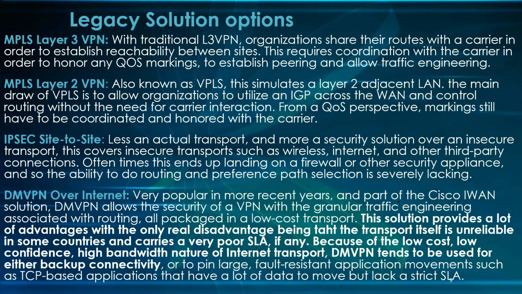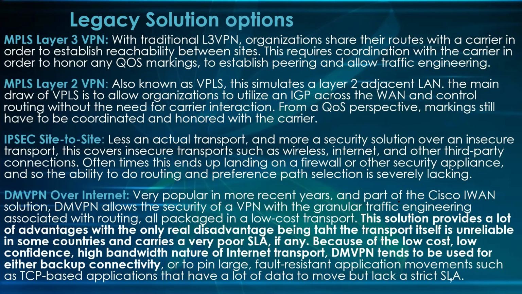MPLS layer 2 VPN, also known as VPLS. This simulates a layer 2 adjacent LAN. The main draw of VPLS is that it allows the organization to utilize an IGP across the WAN, right? And control routing without the need for carrier interaction. From the QoS perspective, marking still has to be coordinated and honored.